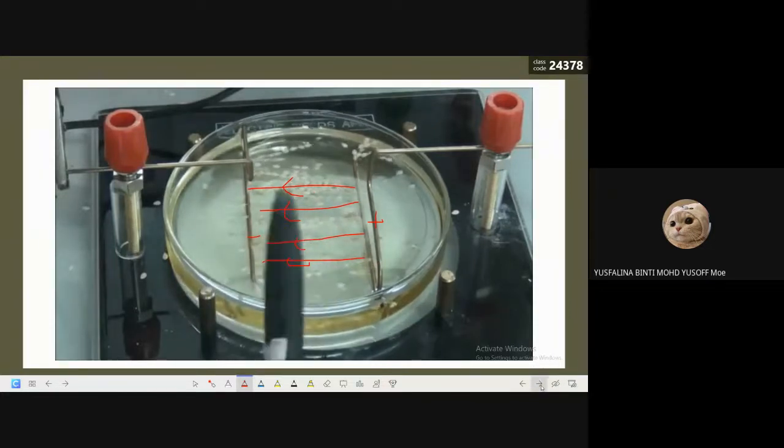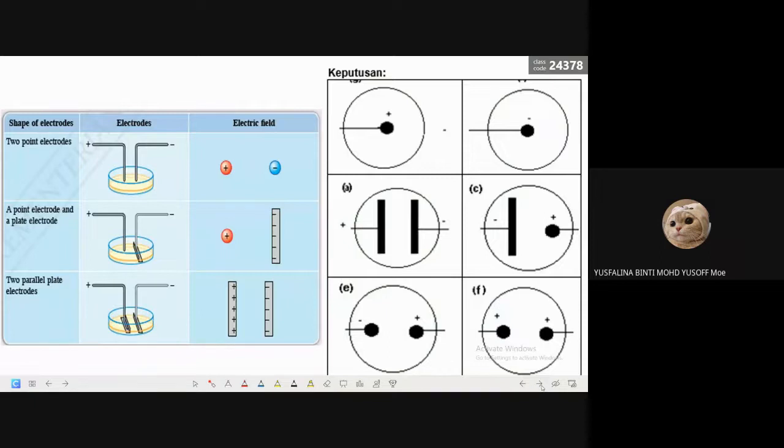Right. Okay, so this is actually what the experiment is about. The first one, you can see they use 2 points of electrodes, positive and also negative. Another one, they use a point, only 1 point of charge here, but the negative one they use a plate.